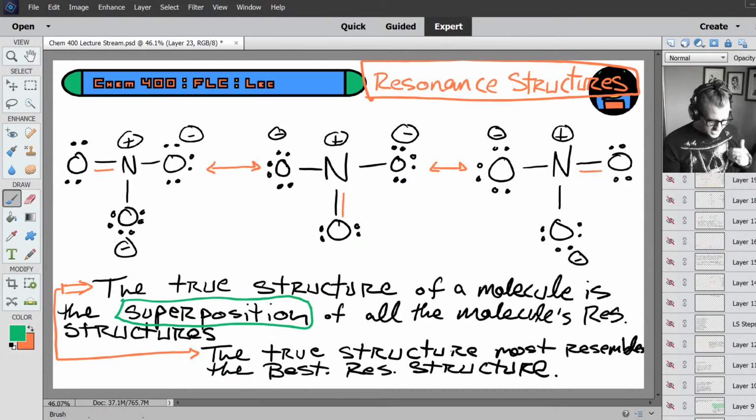All right. That is the way you want to think about these resonance structures. So when I say here we have three different resonance structures, which is the real structure? Is there a double bond to the right, to the left, or pointing straight down? The answer is there's a double bond in neither of those places and all of those places. All right. In the true structure.